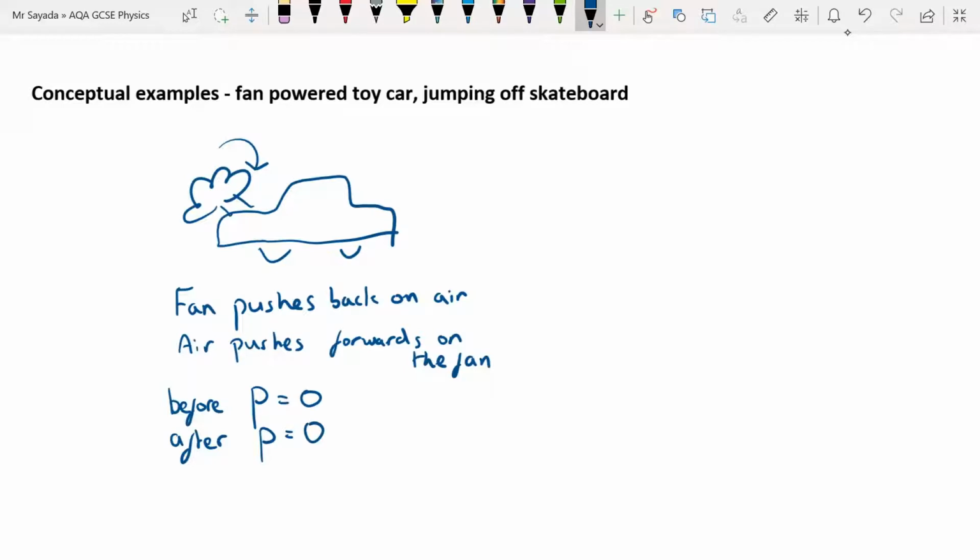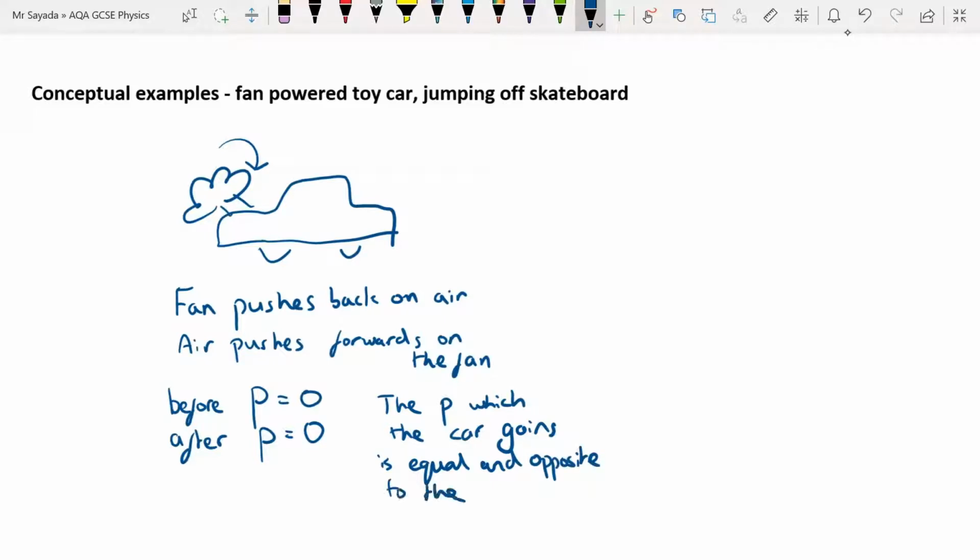So how is that achieved? Well, the momentum which the car gains is equal and opposite to the momentum which the air gains. So let's say that the car gains a momentum of 0.2 kilogram meters per second.